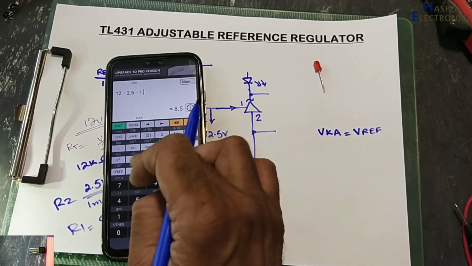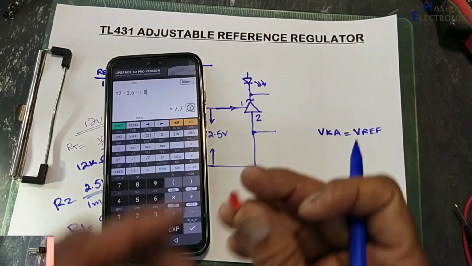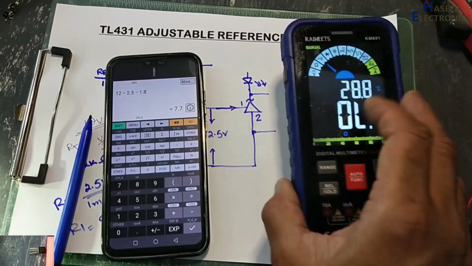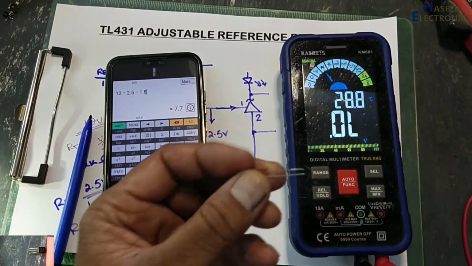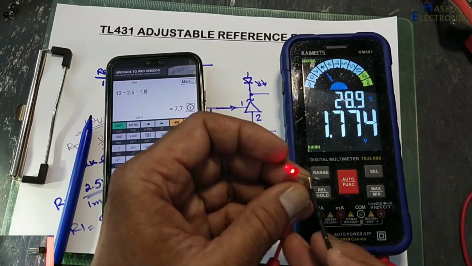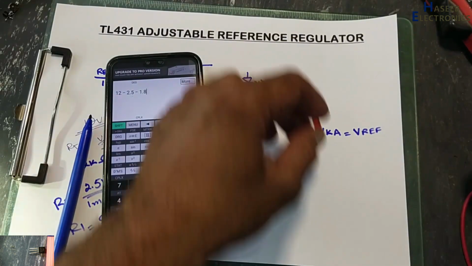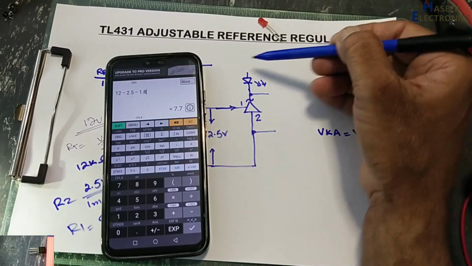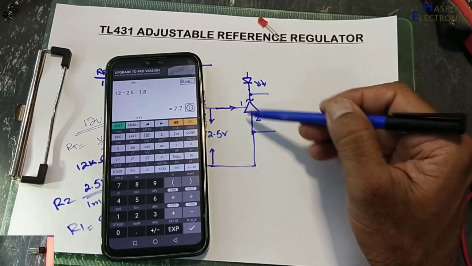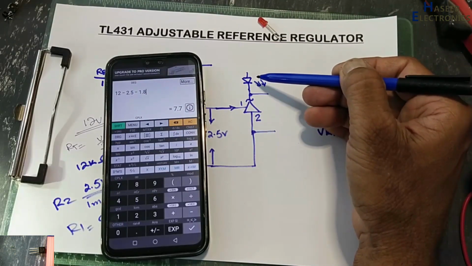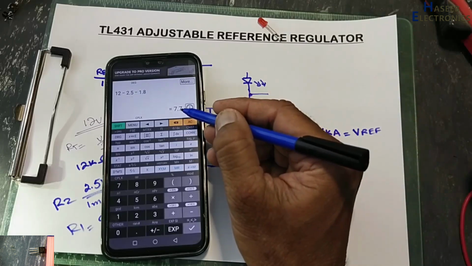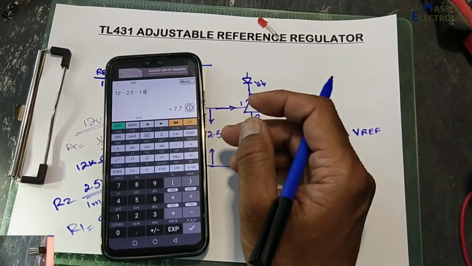I will consider 1.8 volt, because if I test it using a multimeter, the red LED is 1.773. 12 volt power supply, 2.5 volt for this component, 1.8 volt for this component, remaining 7.7 volt.